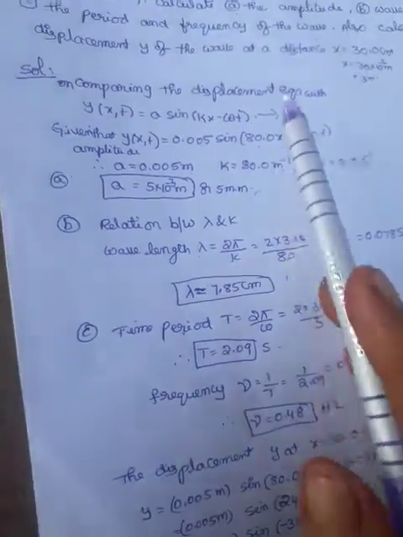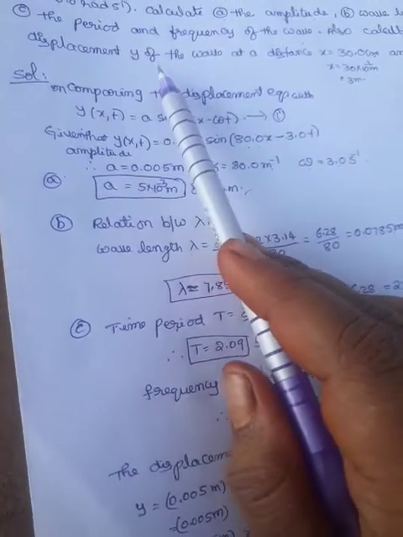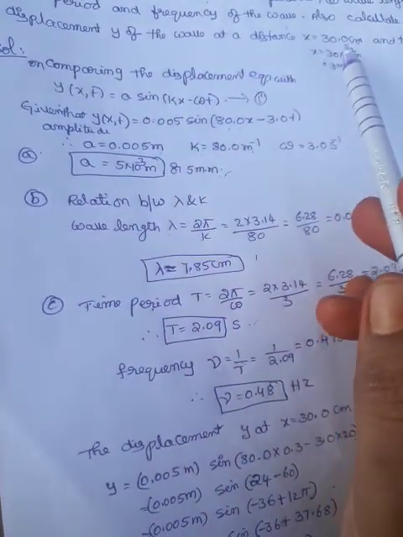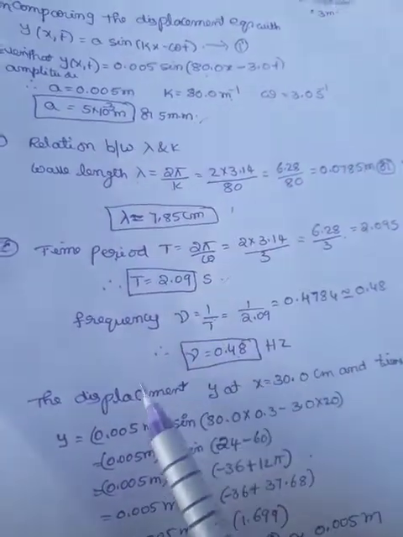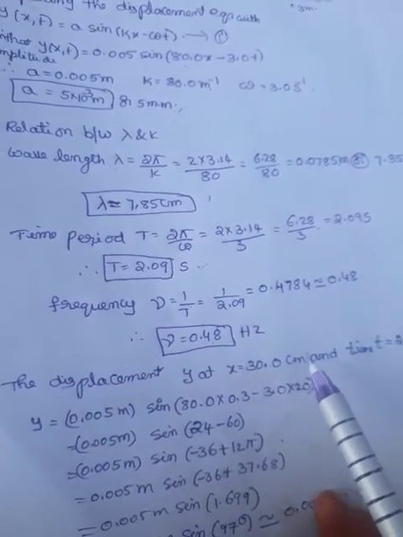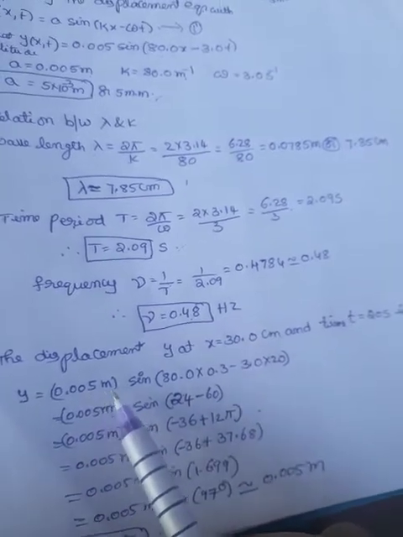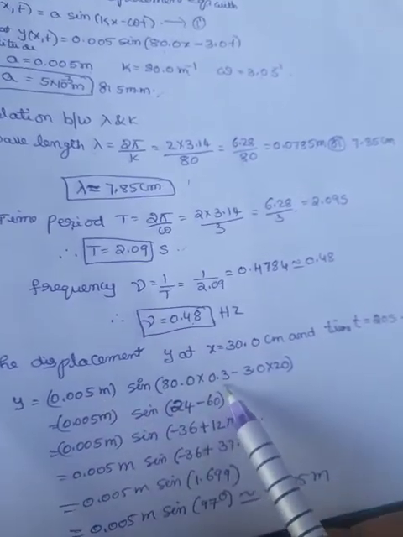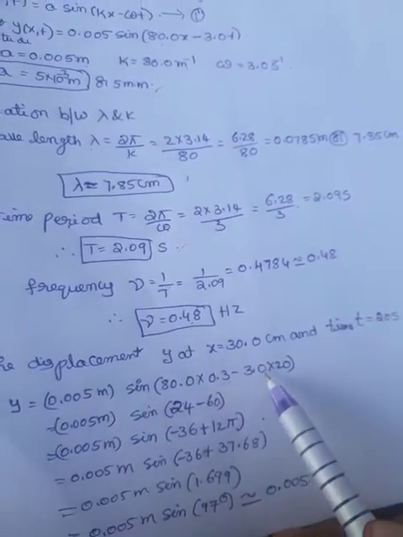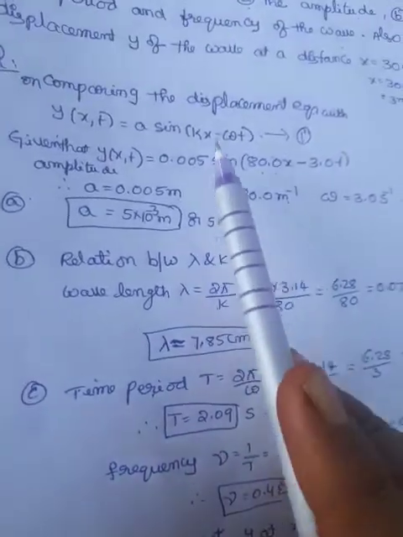Next, solve for the displacement y of the wave at a distance of x = 30 centimeters and t = 20 seconds.